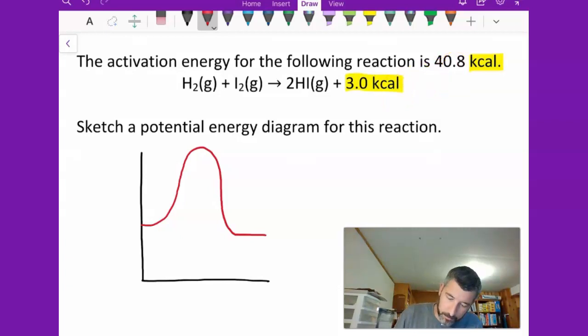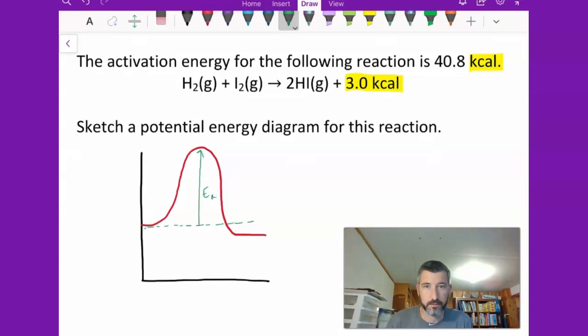So my activation energy, essentially from this dotted line all the way up to that peak, is very large, 41. And the drop from the dotted line down to my products is very small, 3. So hopefully that makes sense to you, even if you didn't draw one that looks exactly like this one.